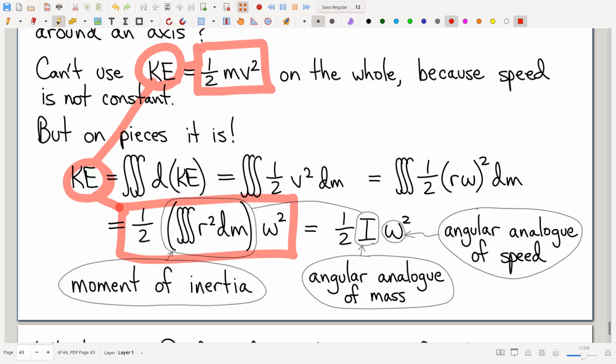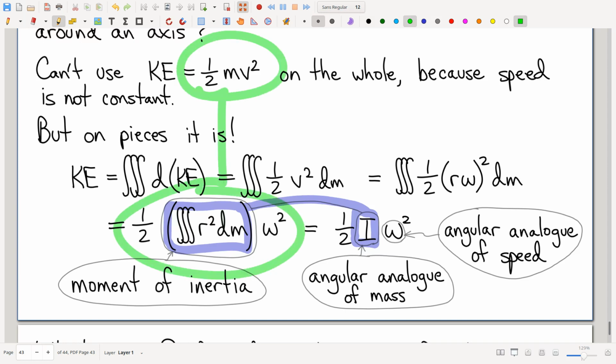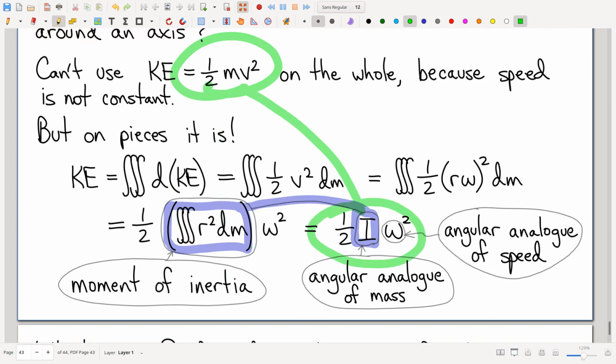Okay, now a really convenient thing happens if you take this expression right here and rename it and just call it I. Now, instead of comparing that with this, I'm going to compare that with this, and we've got a pretty strong analogy showing up.